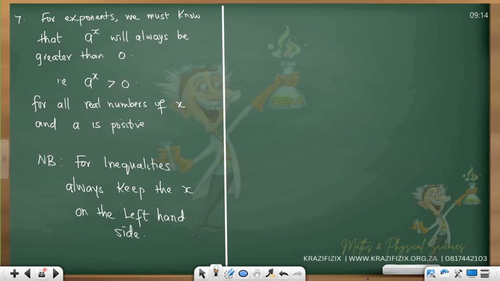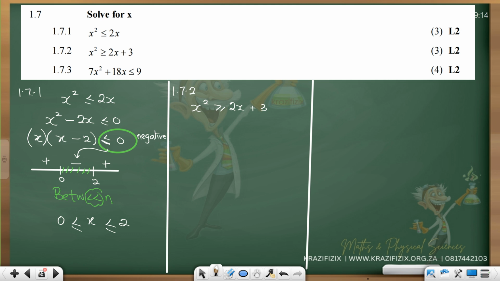When we go to standard form, remember. So minus 1 and 3.